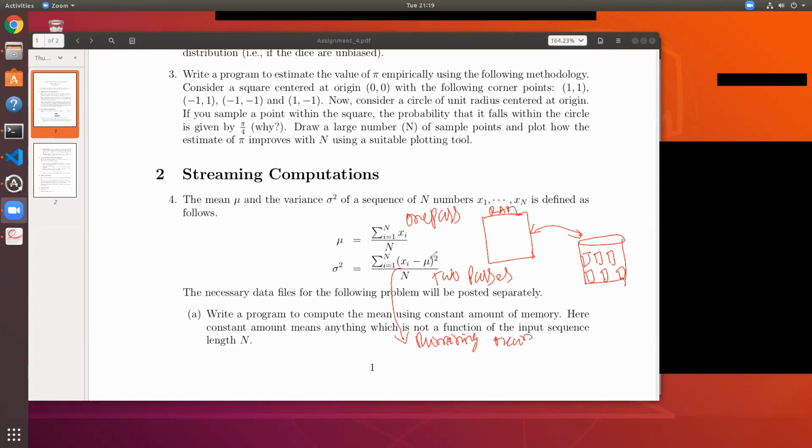Just think about the logic. Running mean, you understand what I mean? Initially for x1, the mean will be x1 only. For x2, you will have an estimate of mean mu1. For x3, you use an estimate of mean mu2. For x4, this is one way of doing it.